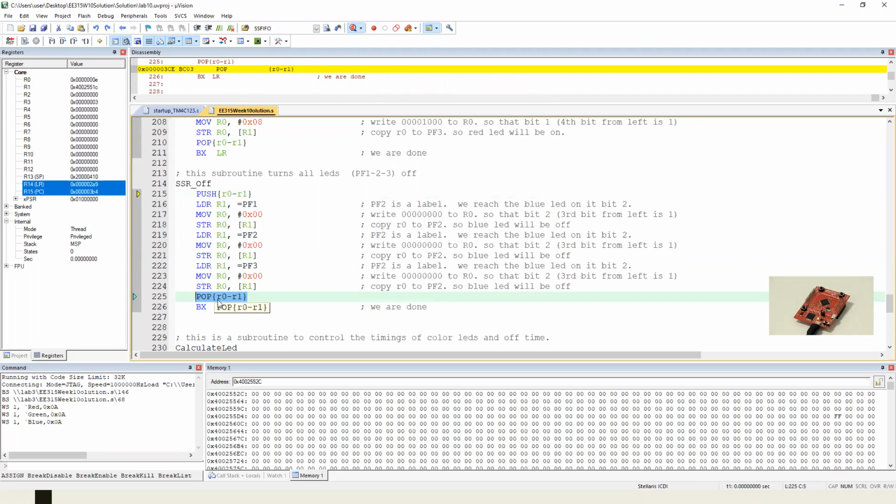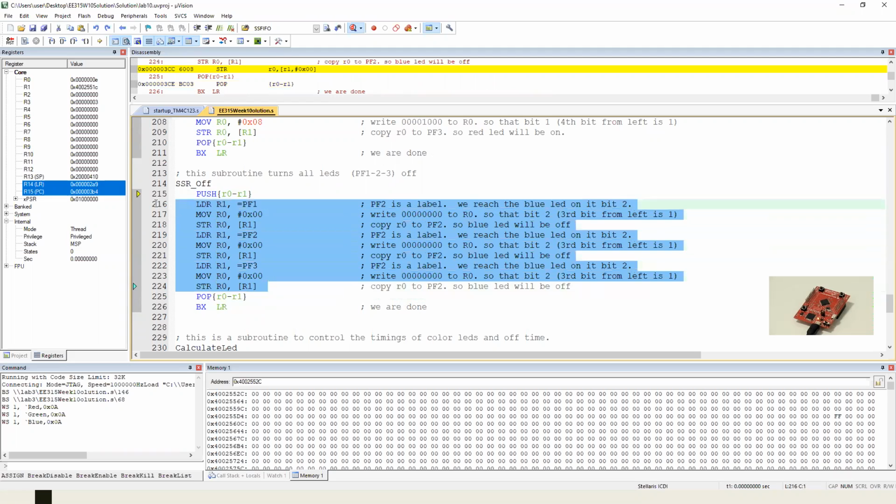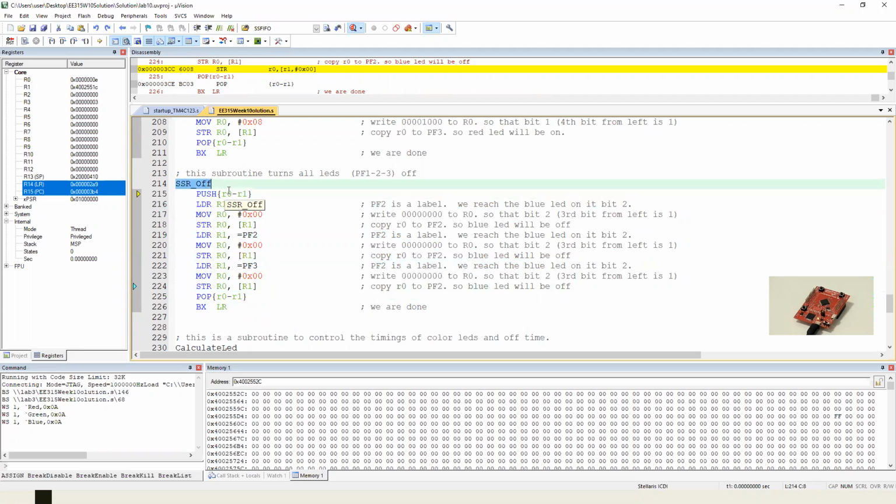The reason I do this is I'm going to be changing R1 and R0 inside. If the guy who called me, the main function or another subroutine who called this subroutine, is using these R0 and R1, I don't want them to lose those values. So it's like saving R0 and R1, and when I'm finished, loading the initial values back.